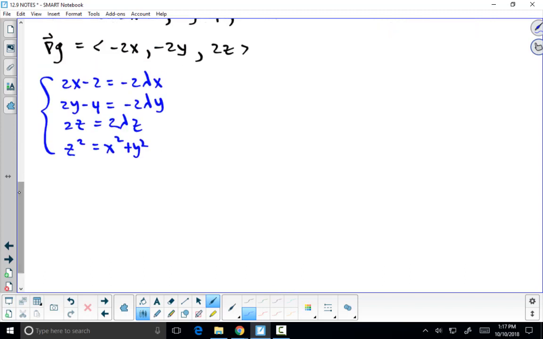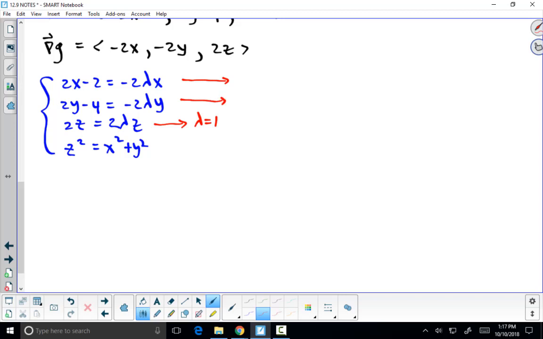And that third equation tells us what lambda is. That tells us lambda's got to be 1. So here, we know that lambda is 1. And then what that does is sort of give us some other equations up here.